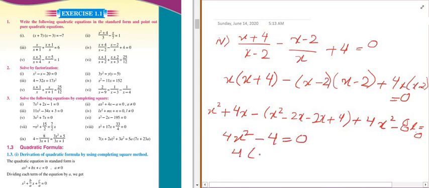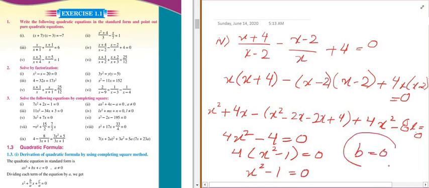Take 4 common. This becomes x square minus 1 equals to 0. Here b equals to 0 if we compare this equation with the standard form of pure quadratic equation. Now this is a pure quadratic equation.